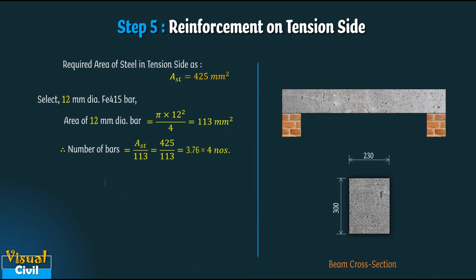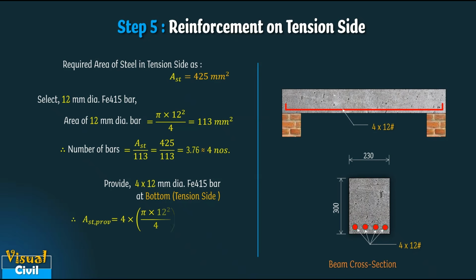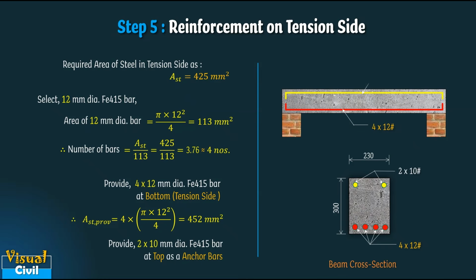Provide 4 numbers of 12 mm dia bars at the bottom, which is the tension side. Thus, the total area of a steel provided is equal to 452 mm square. Also provide 2 number of 10 mm dia bars at the top as the anchor bars.